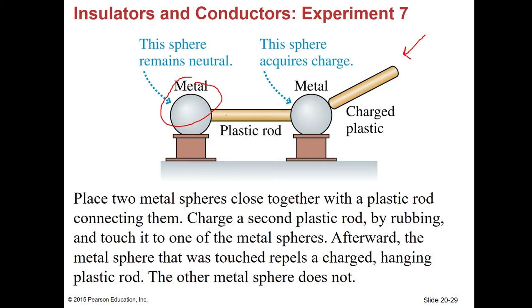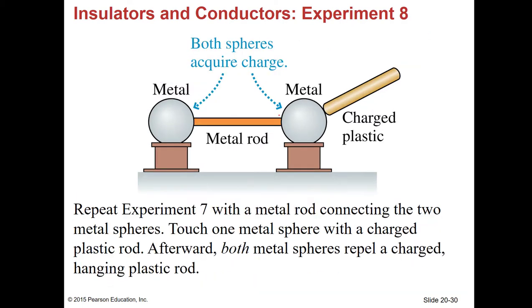Now if they were connected by a metal rod, they would all spread out, but here it's a plastic rod and they don't. And you can see here, if you do connect this with a metal rod, electrons can go from the charged plastic to this metal sphere, through here, and then to this metal sphere. And they spread out, they don't like to be by each other, so you'll have some charge on this sphere, some charge on this sphere.